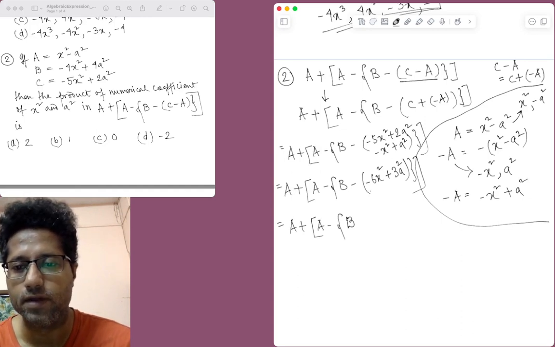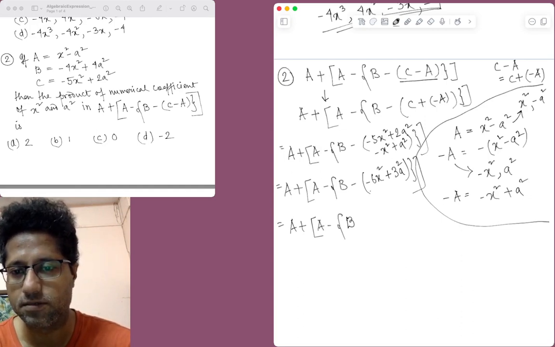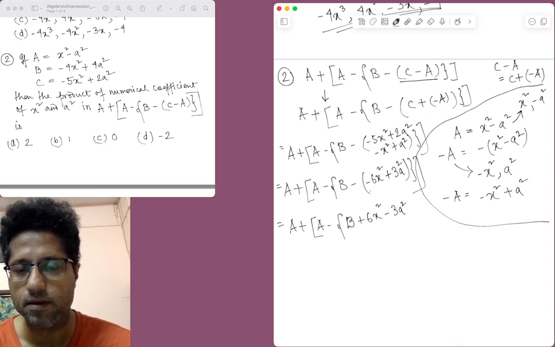So when I remove the parenthesis, but before that I see a negative sign, so I have to change the sign of all the terms inside the grouping symbol. So minus 6x square will become 6x square, and 3a square will become minus 3a square. So we have removed the innermost grouping symbol.